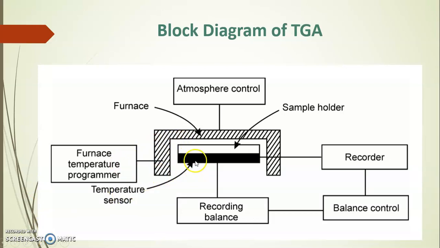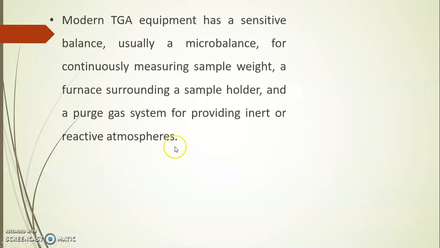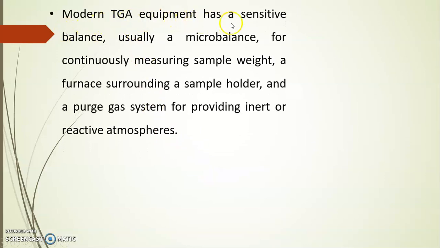So this is the block diagram of the TGA method. Modern TGA equipment has a sensitive balance, usually a microbalance, for continuously measuring sample weight, a furnace surrounding a sample holder, and a purge gas system for providing an inert or reactive atmosphere.